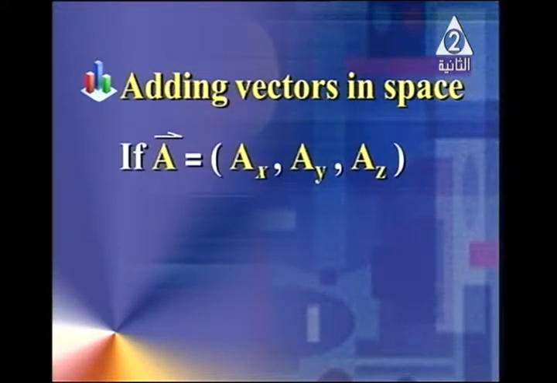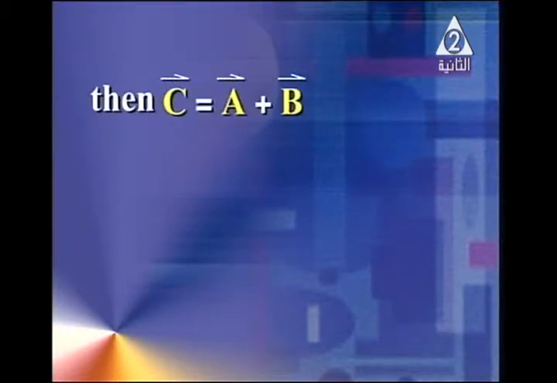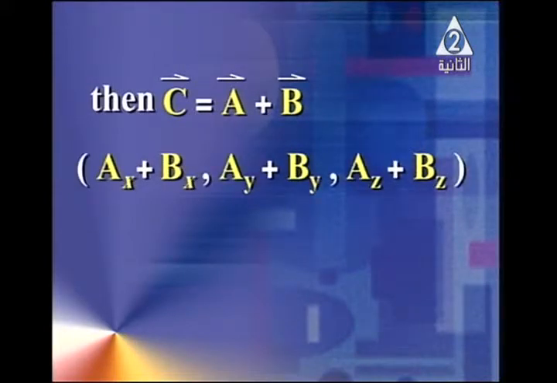If we have two vectors, the first vector A has three components AX, AY, AZ, and vector B has BX, BY, BZ, then we have vector C equal to the sum of the two previous vectors, A plus B. When we add vector A plus vector B, we add the components of A and B in X, Y, and Z. Then A plus B equals a new vector with components AX plus BX, AY plus BY, AZ plus BZ.